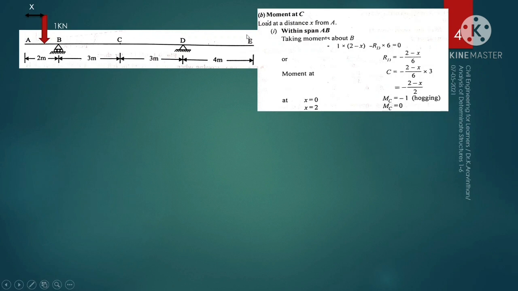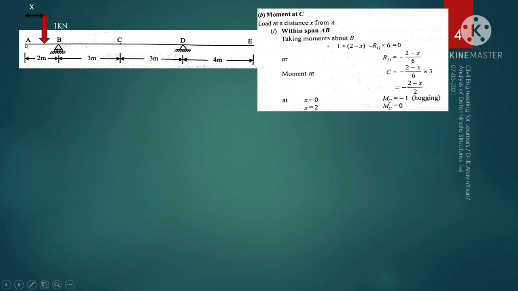For that, we have made separate elements AB, BC, CD and DE. Why new element C came here is we need moment at C. That is why in between B and D, we have further made two elements.